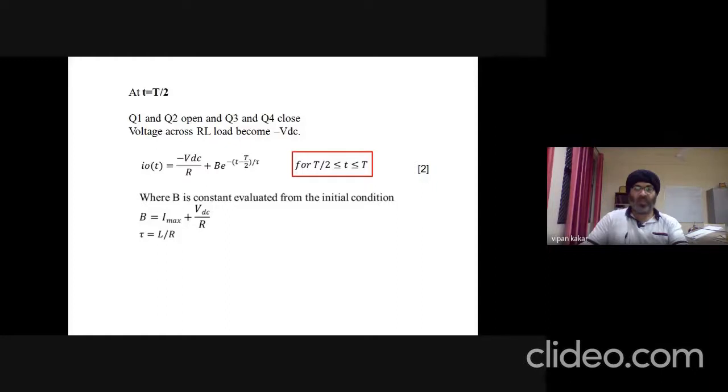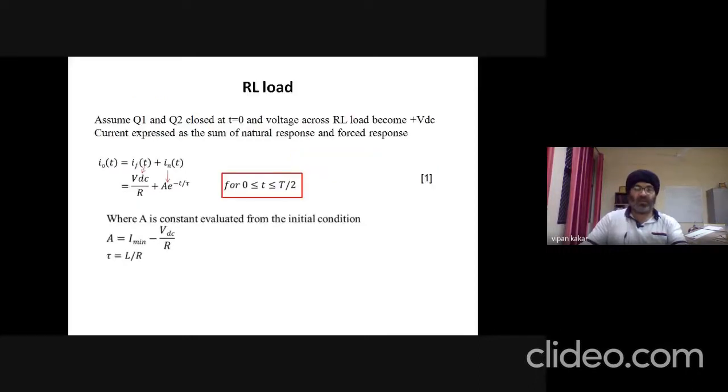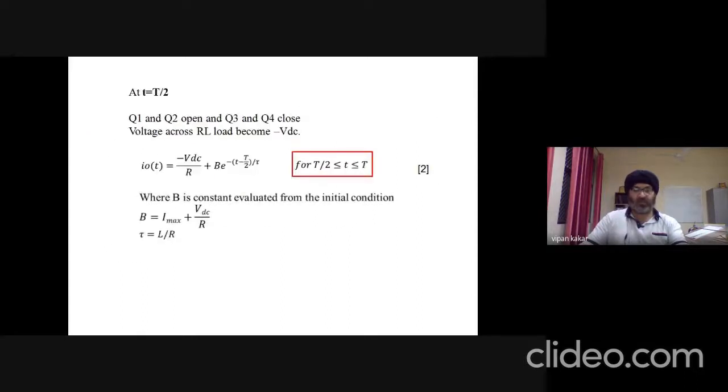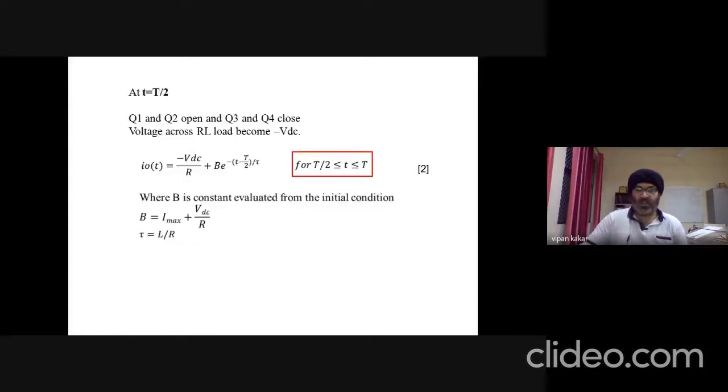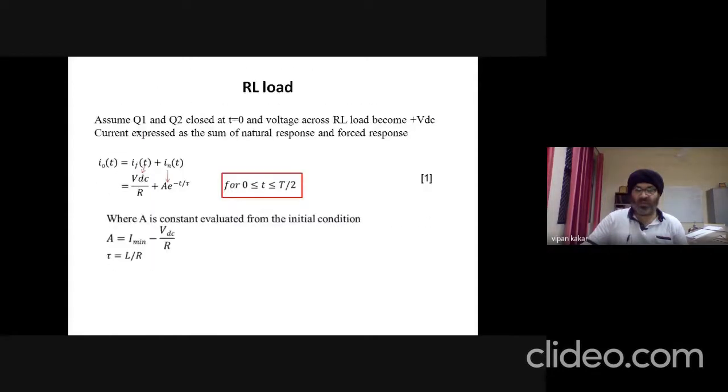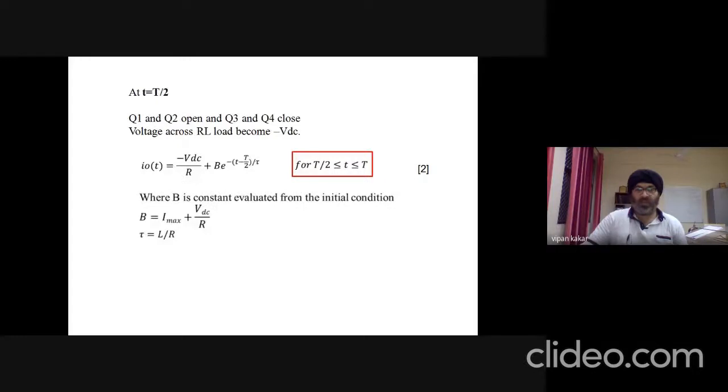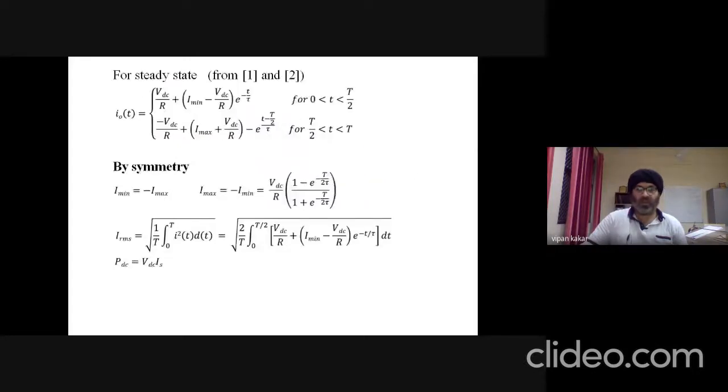And now B is the magnitude of this natural current component, which can be found out using the maximum value of current plus VDC by R, same. And then we can use both of these equations, equation 1, which is this, during the turn on of Q1 and Q2, and equation 2 during the turning on of Q3 and Q4, the other pair.